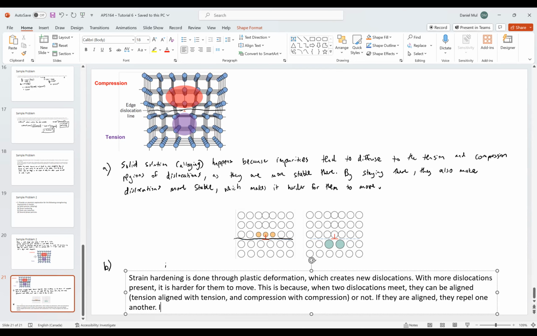And if they are not aligned, they annihilate each other when they meet. But in either case, the dislocations stop moving.